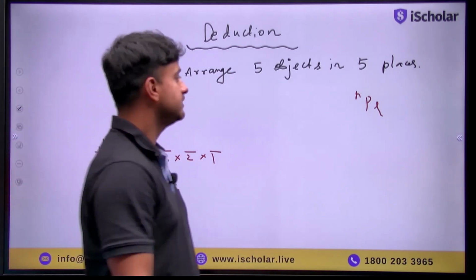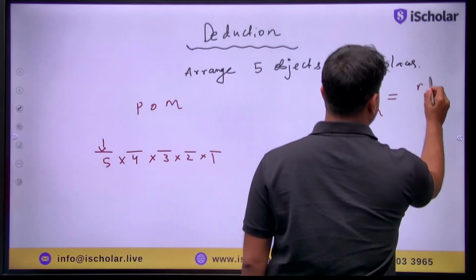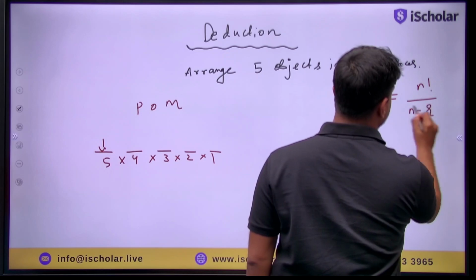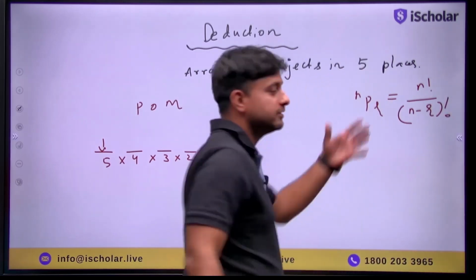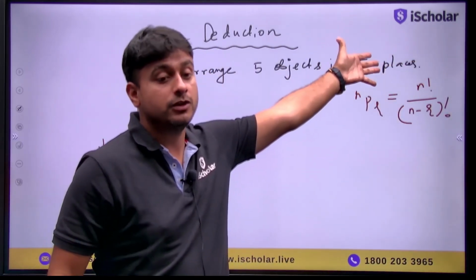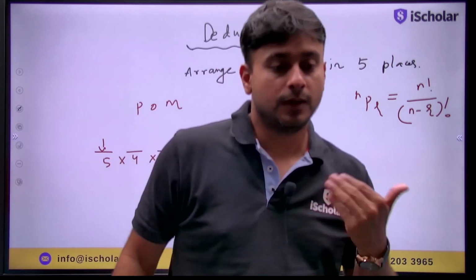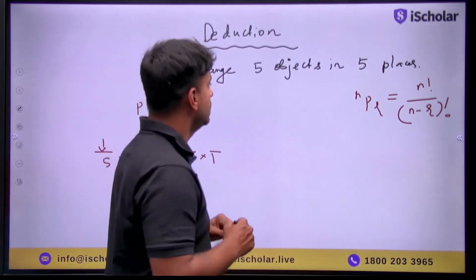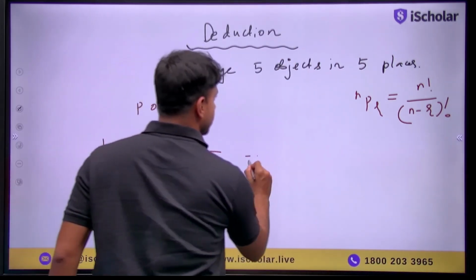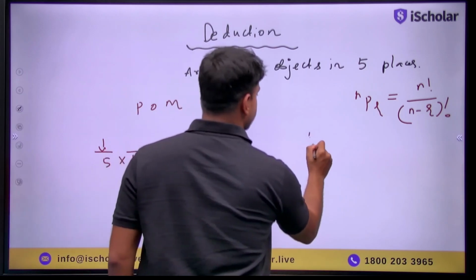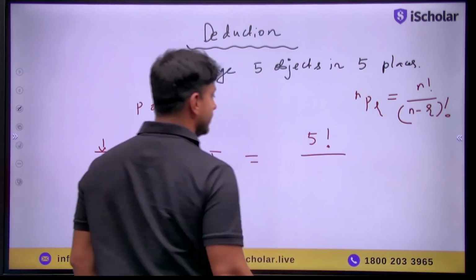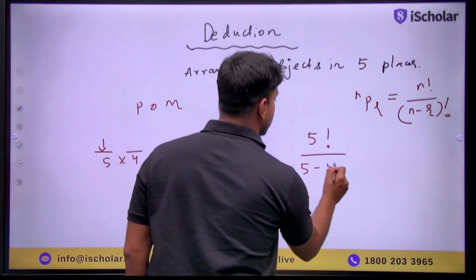Correct? Whereas the NPR formula says it is n factorial divided by n minus r factorial, which is also derived using the principle of multiplication. So what I can say is this will be equated to n factorial, that is 5 factorial divided by 5 minus 5, because n and r both are the same.